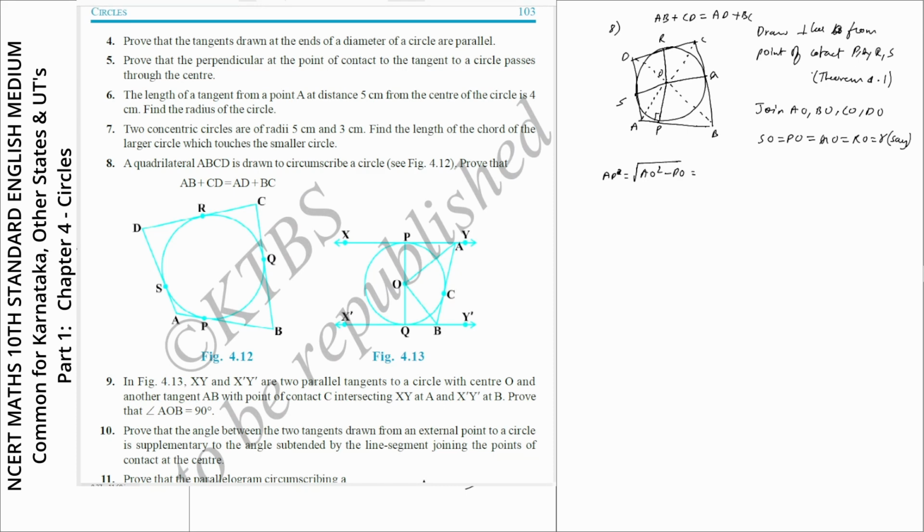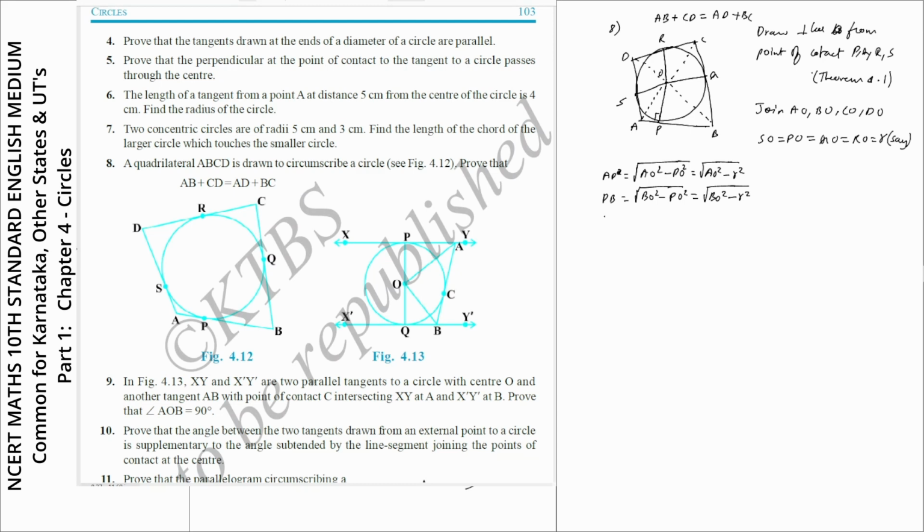So this is equal to AO square minus PO is R, so PO square is R square. Similarly, what is PB? PB will be equal to square root of BO square minus PO square, which is equal to BO square minus R square.